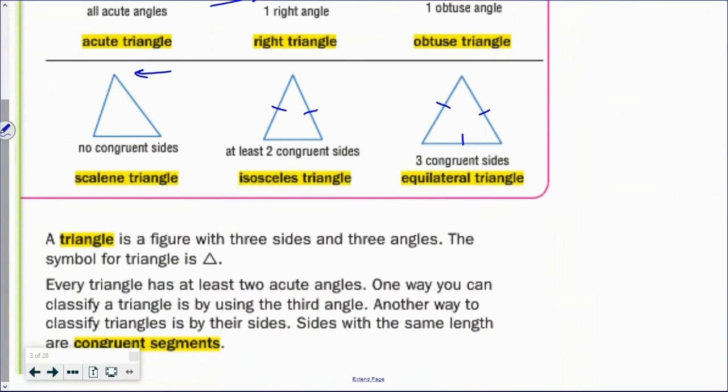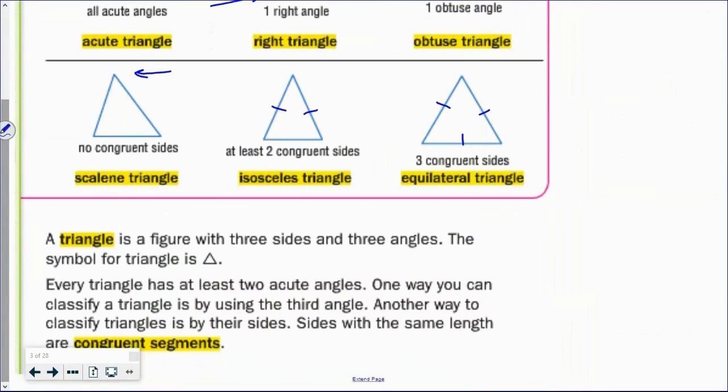A triangle is a figure with three sides and three angles. The symbol triangle means triangle. Every triangle has at least two acute angles. So one way you can classify a triangle is using the third angle. And that's what I was talking about before. If it has an obtuse angle, it is an obtuse triangle. If it has a right angle, it is a right triangle.